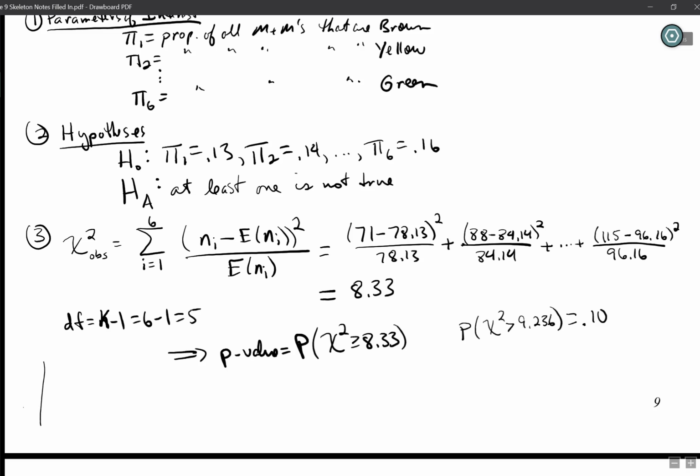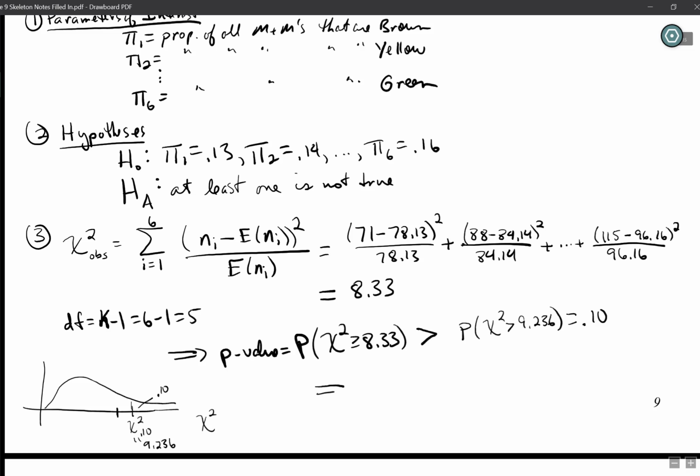If you want a picture of that, here I've got chi-squared 0.10. The area under the curve to the right of that is 0.10, and this value is 9.236. My test statistic 8.33 clearly lies to the left of that, and so this probability is greater than 10%.